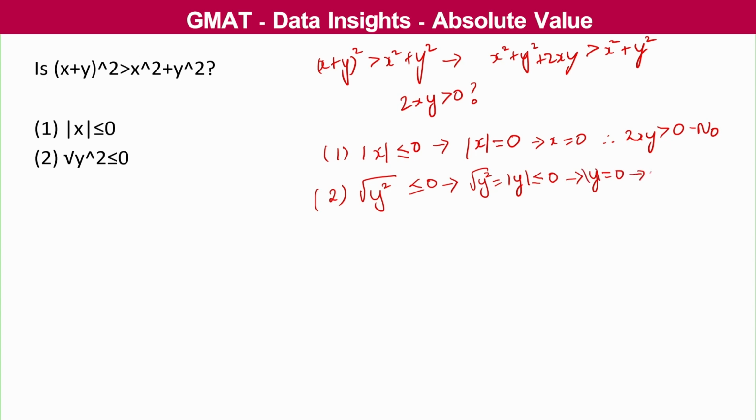That means y is equal to 0. Again, you can answer the question that 2xy is not greater than 0. It is equal to 0. The first statement was sufficient and the second statement was also sufficient, both are sufficient to answer the question. Therefore, the answer is option D, where both statements alone are sufficient to answer the question.